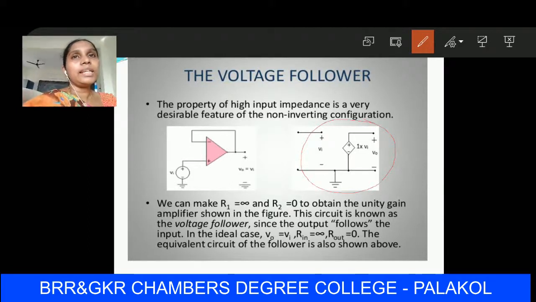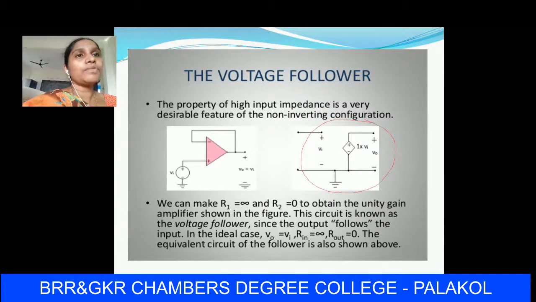That means R1 is equal to infinity and R2 is equal to 0 to obtain a unity gain amplifier. This is known as a voltage follower since the output follows the input. In the ideal case, V0 is equal to Vi, Rin is equal to infinity, Rout is equal to 0. The equivalent circuit of the voltage follower is the above diagram.